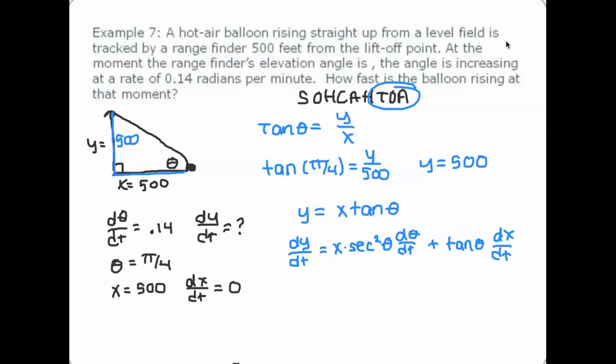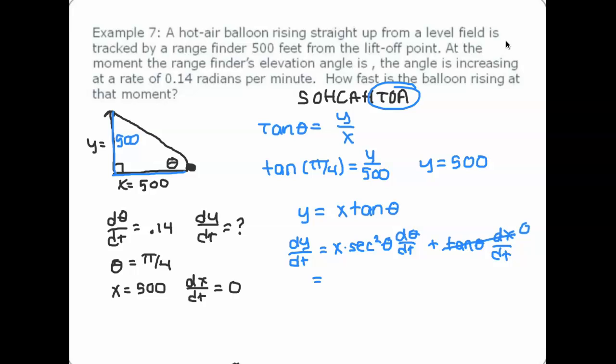But we know that dx/dt is equal to 0, so that part of my function is going to go away. And I get dy/dt is equal to x secant squared theta d theta/dt.